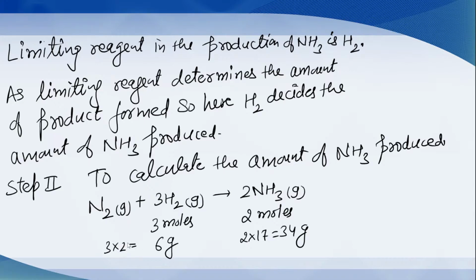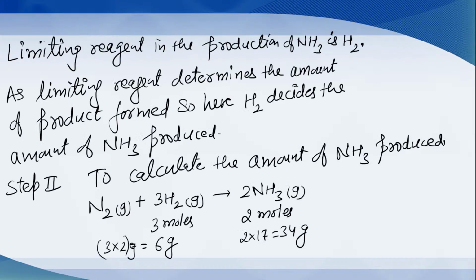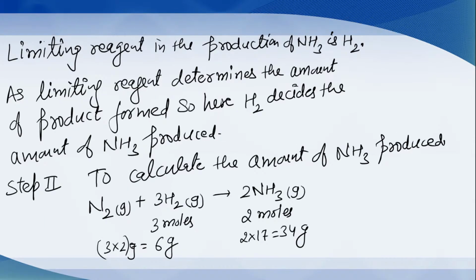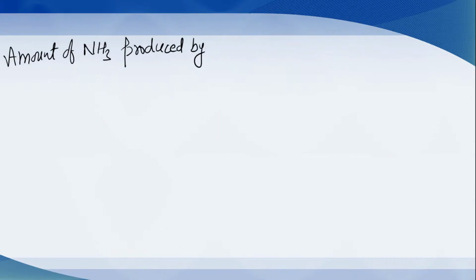3 into 2 gram, so 6. Now we write in words: the amount of ammonia produced by 6 gram of hydrogen is equal to 34 gram.